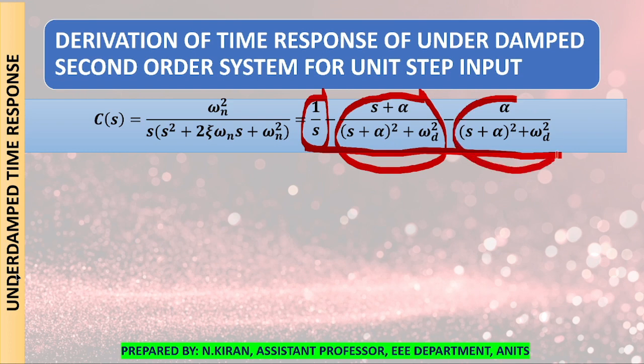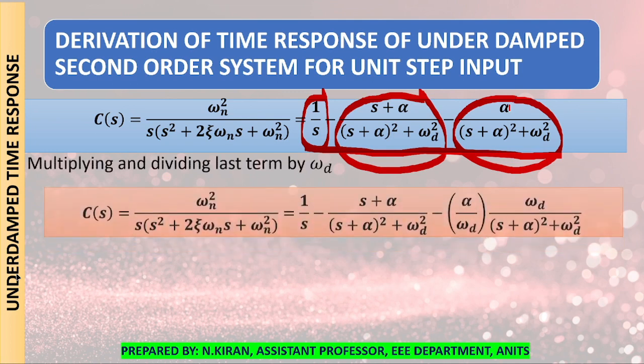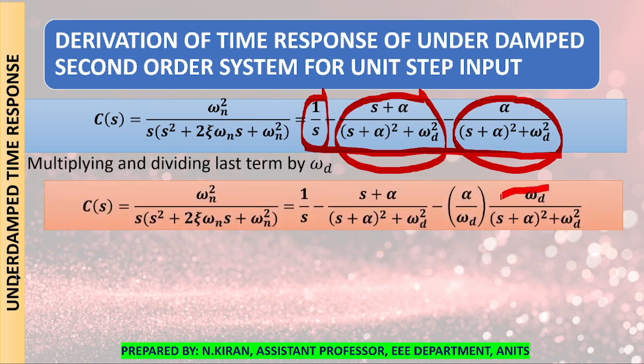In the numerator of the third term, I need an omega d in place of alpha. So I'll multiply and divide the third term by omega d, which will give me the third term in the standard form, that is omega d divided by (s plus alpha) whole square plus omega d square.